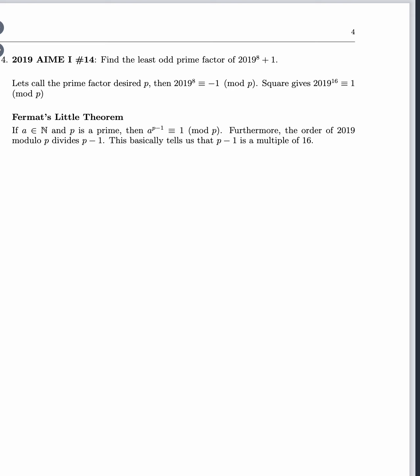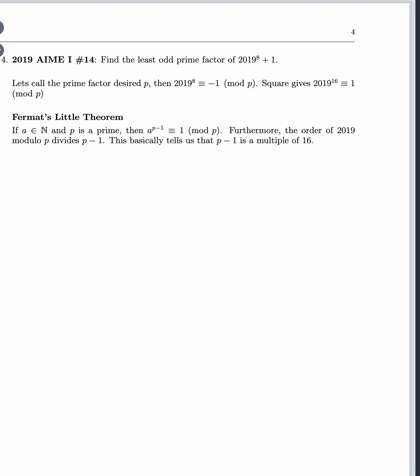Okay, so now clearly 17 is the answer, right? However, we have to check it back in, since 2019 to the 8th might be 1 mod 17 instead of -1 mod 17. And we have to check to see if that's actually the case.